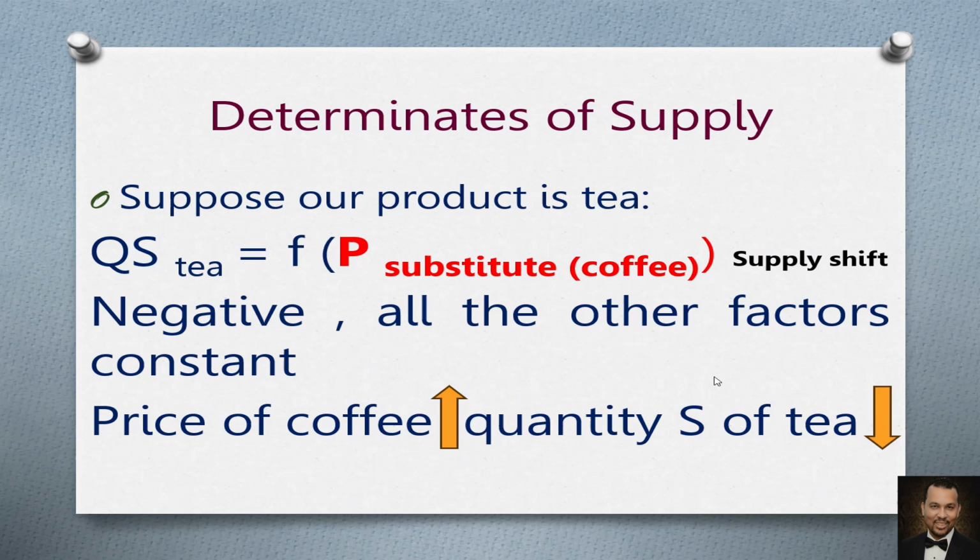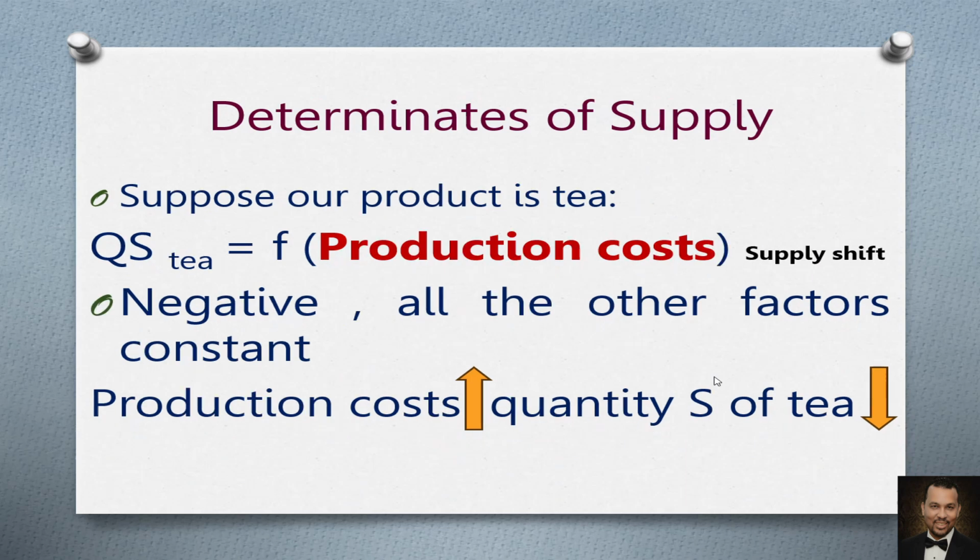When the price of coffee increases, quantity supplied of tea decreases and the supply curve shifts to the left. If the price of coffee decreases, quantity supplied of tea increases and the supply curve shifts to the right, all the other factors constant.